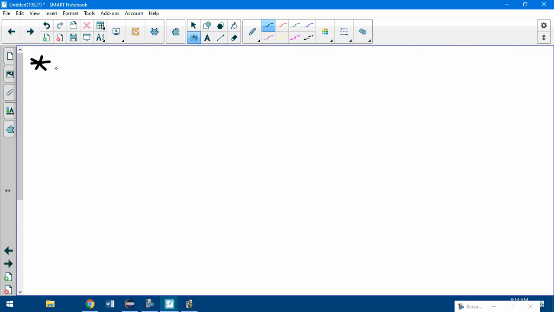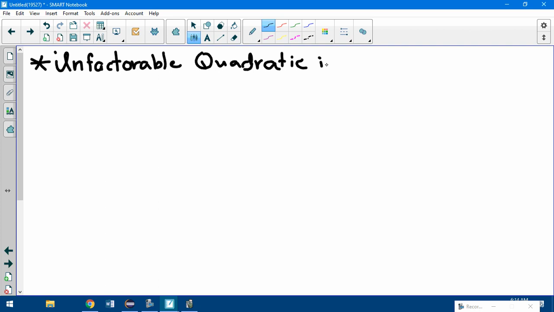So today's new piece is unfactorable quadratic in denominator. So let's say I wanted to integrate this.